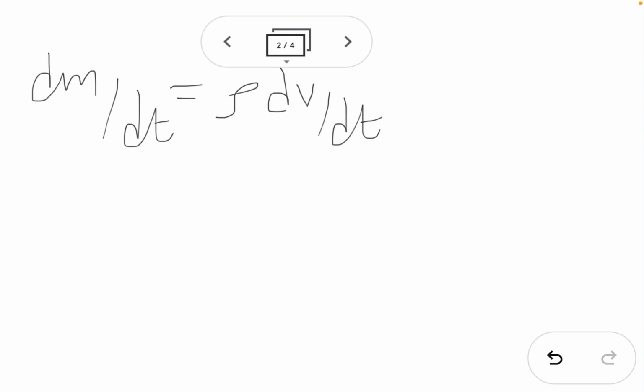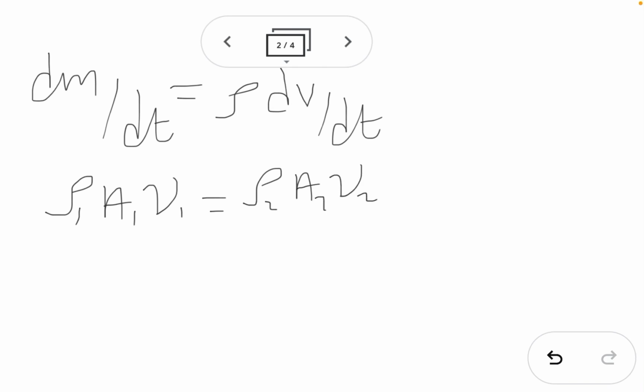We are going to have at point 1 the density of the fluid as it enters point 1 multiplied by the area at that point multiplied by its speed, and this must equal the density at point 2, because we are saying the density is not consistent throughout the flow, times the area at that particular point multiplied by the speed of the fluid at that particular point.